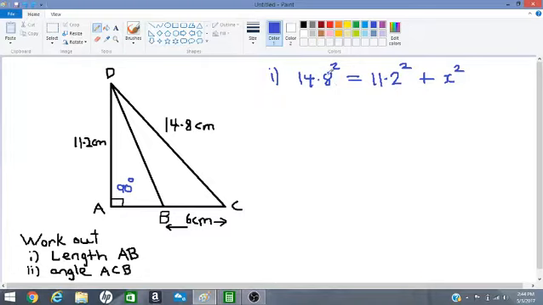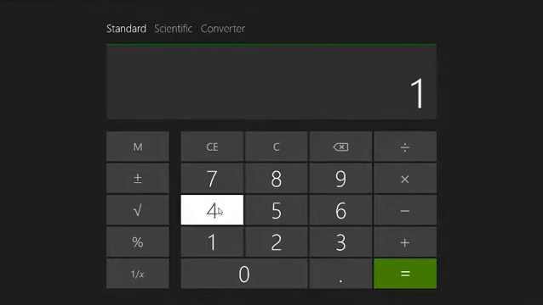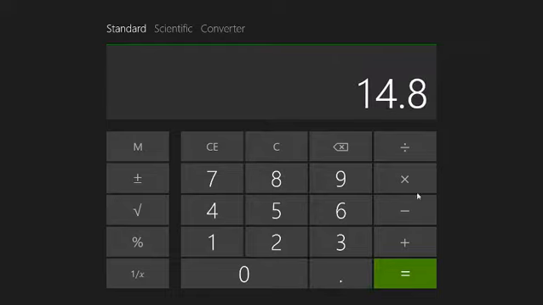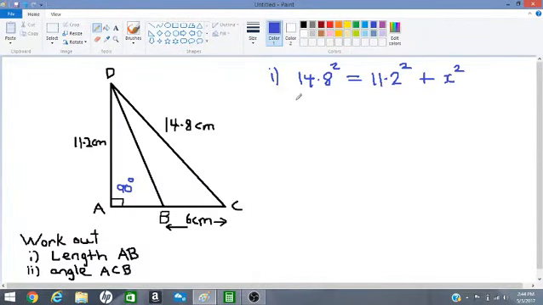So let's go ahead in our calculator and work this out. 14.8 squared, we have 219.04.